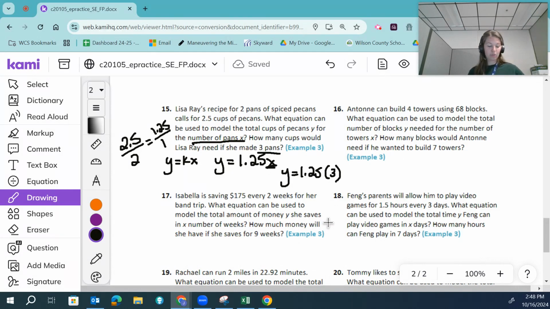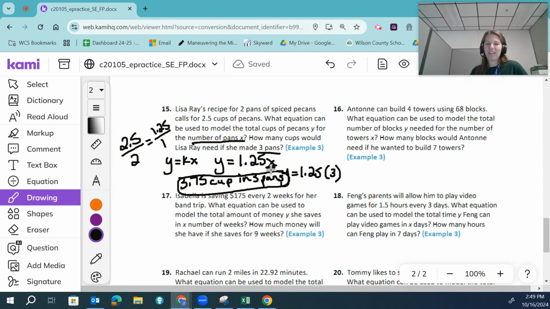Then I can just multiply 1.25 times 3, and that's going to give me 3.75 cups in 3 pans. You're going to need 3 3/4 cups of pecans to make 3 pans of spiced pecans.